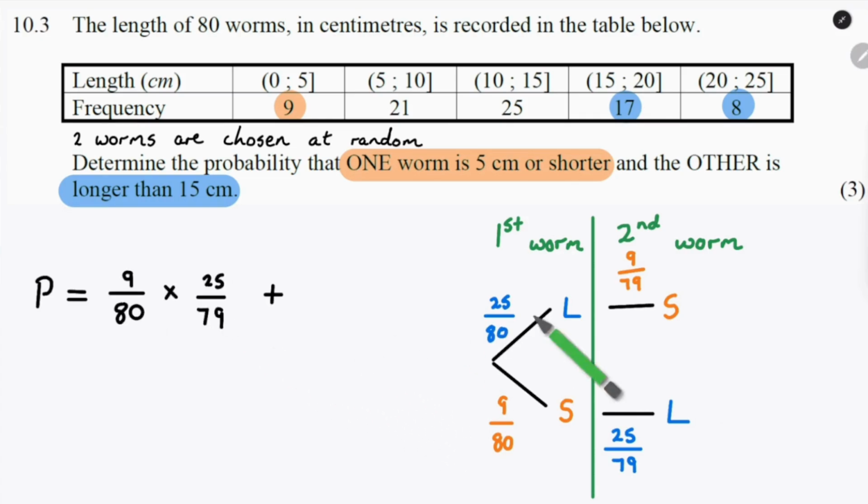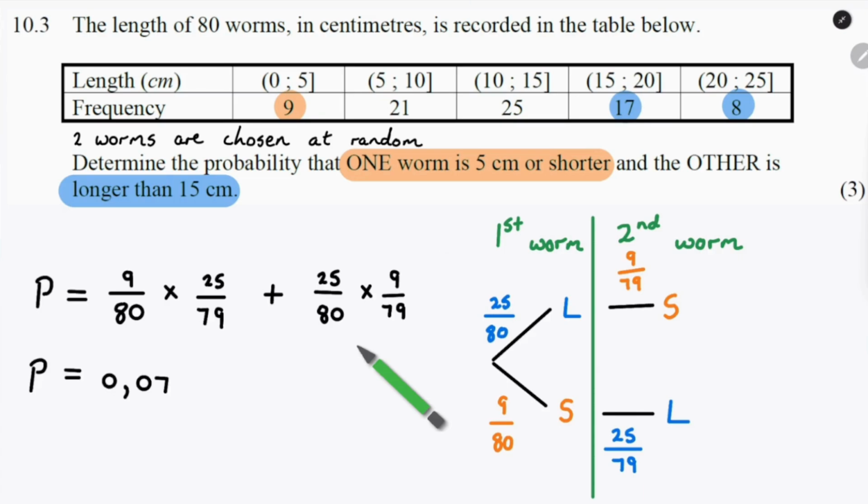So I say that 9 over 80 times 25 over 79. Sorry, I'm doing this bottom branch first here. And then the second one, I add it, and that's going to be 25 over 80 times 9 over 79. Okay, and then you just put that in your calculator, and we're going to get the probability to be 0.07. And your 2 marks in this question come from the substitution as well as the final answer.